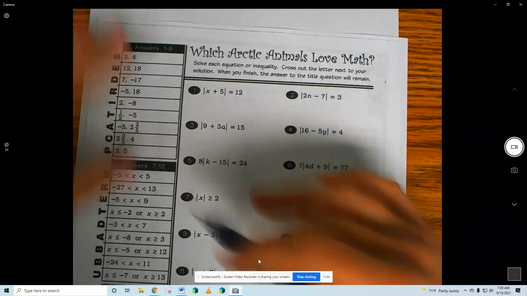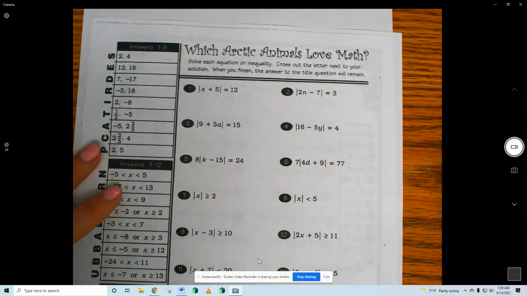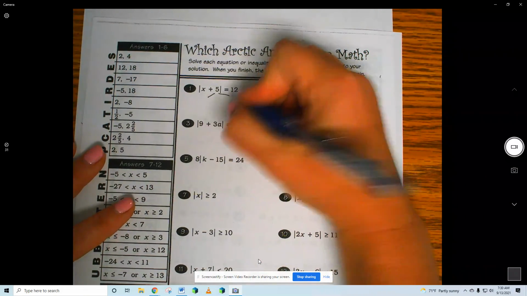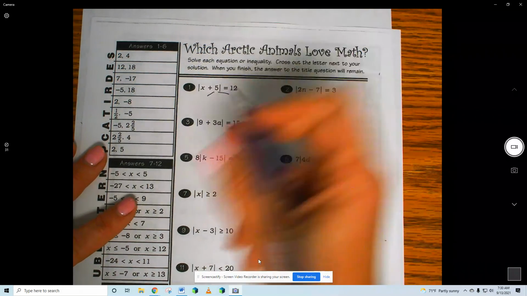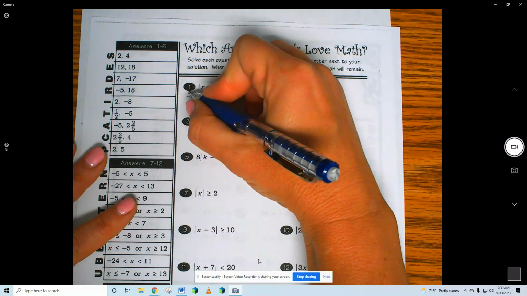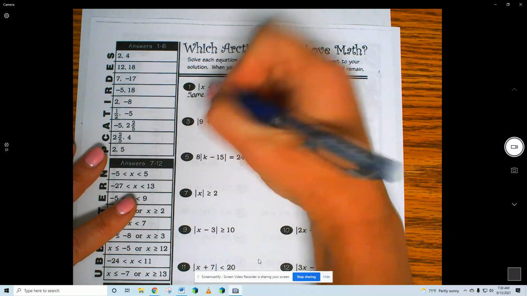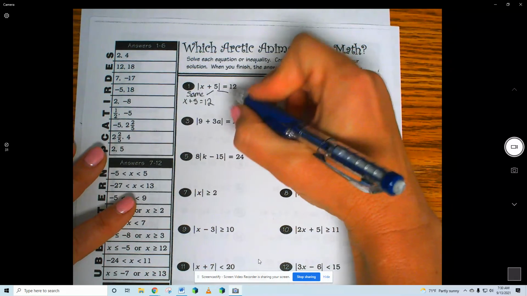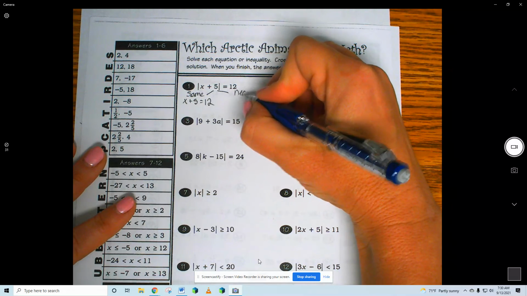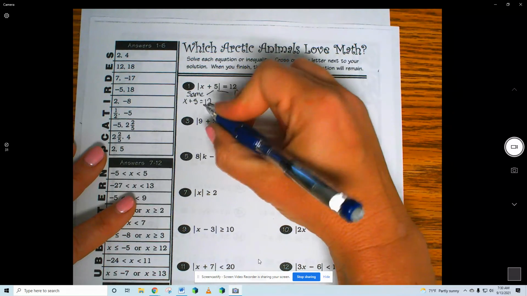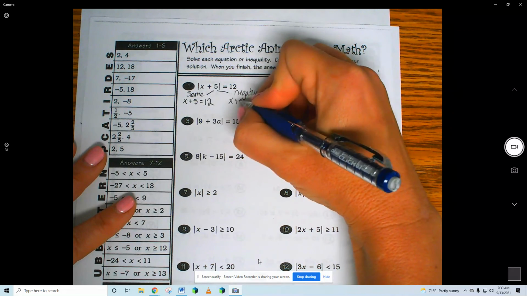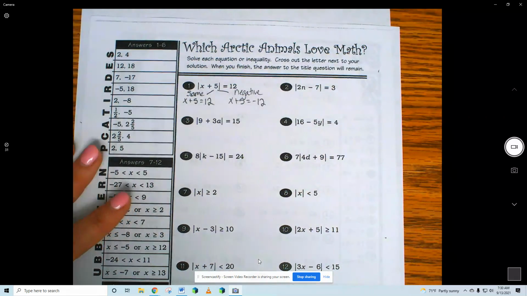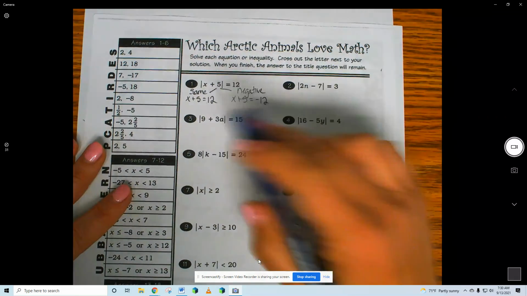So when we have math problems like this, you're going to say x plus 5 could equal 12, the same. And then the negative, because in positive 12 and negative 12, x plus 5 equals negative 12. So I'm going to have the positive version and the negative version.